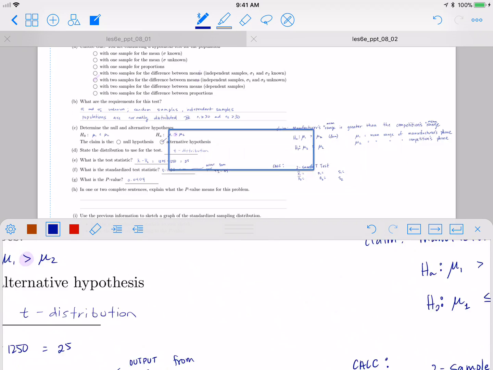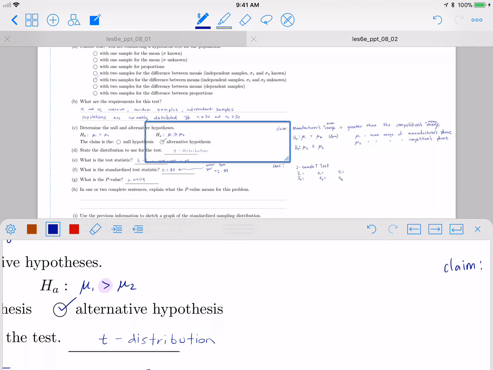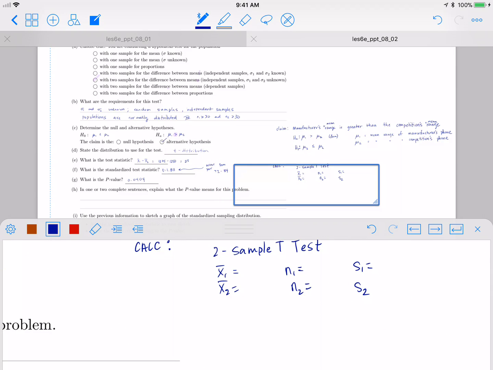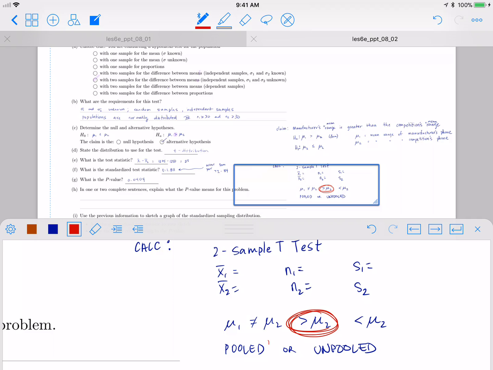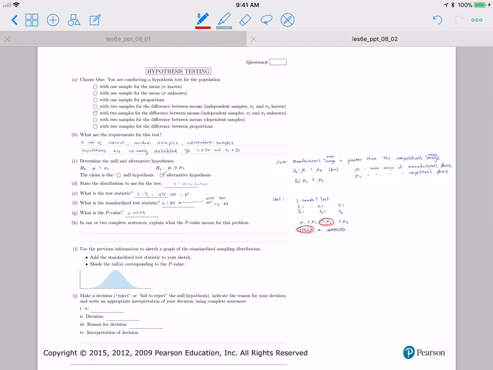You'll need to tell it that you're doing a right-tailed test. So you'll see mu1 not equal to mu2, greater than mu2, or less than mu2, and you want to choose the option that's greater than mu2. And the last thing, for pooled versus unpooled, you'll choose pooled, because your variances are equal to each other.